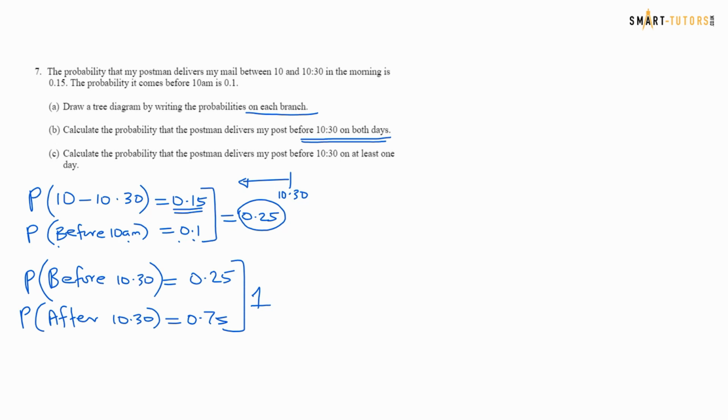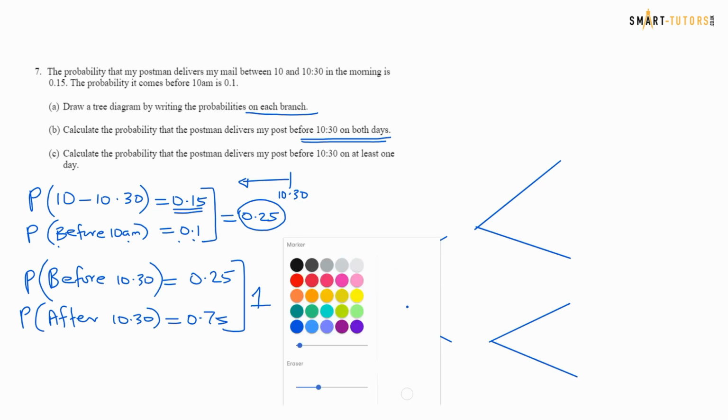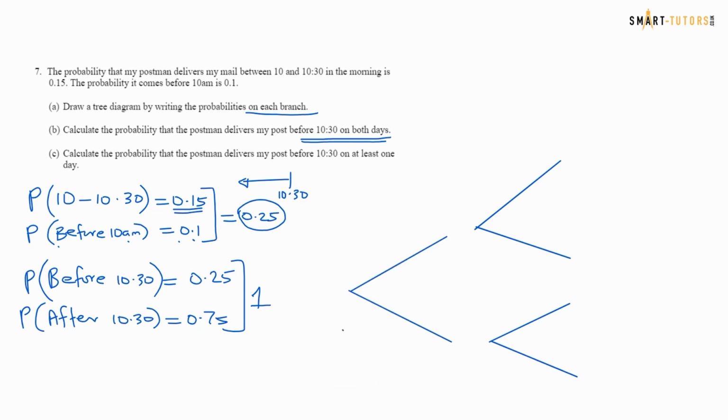So I'm going to draw a diagram here. 2 days. So before and after. So this is before, this is after. So before, after. And this is before and this is after.